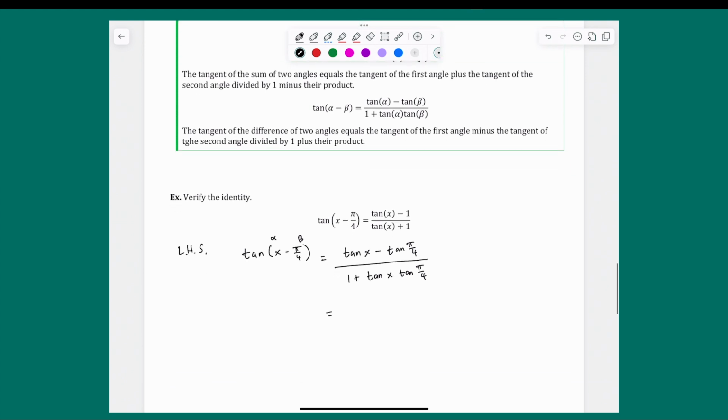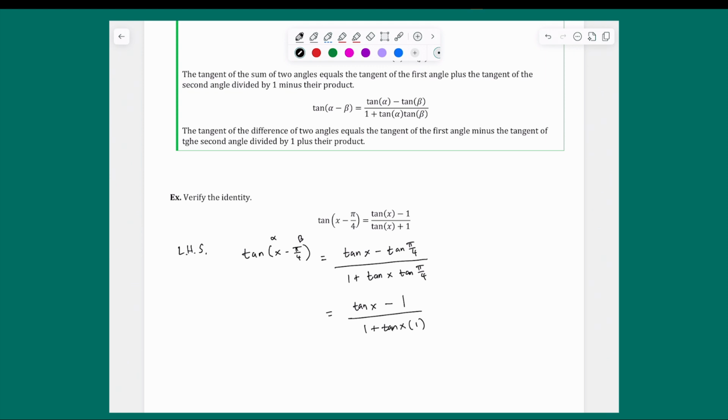All right, well, tangent of x, there's nothing we could do there, but tangent of pi over 4 is a special angle. If you're thinking of a unit circle, it would be the angle where it hits the unit circle at root 2 over 2, root 2 over 2. So the ratio of those two coordinates would be 1. And so we're left with 1 there. And then 1 plus tangent of x times tangent of pi over 4.